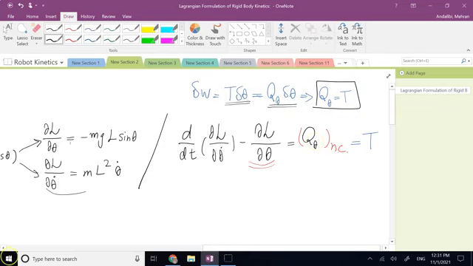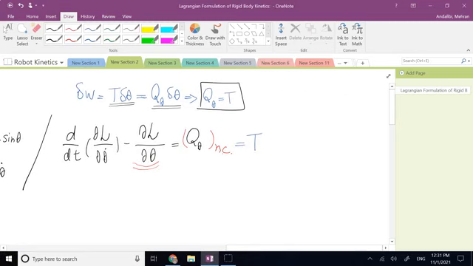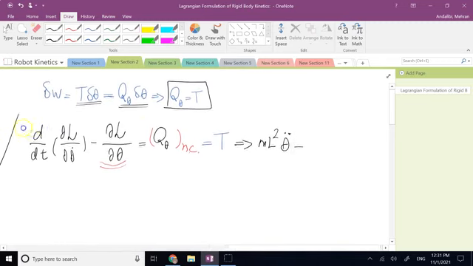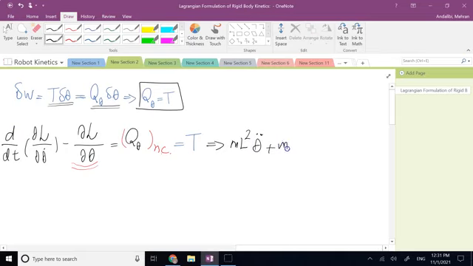So if I use what I have here, it's going to be the time derivative of ml squared theta dot, so it's going to be ml squared theta double dot, the first term, and minus a partial derivative of L with respect to theta, so minus this term, so it's going to be positive mgl sine theta. This is equal to the torque.